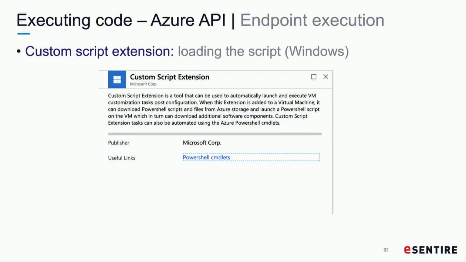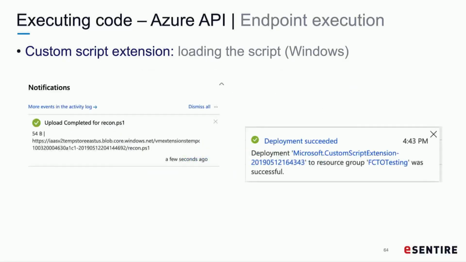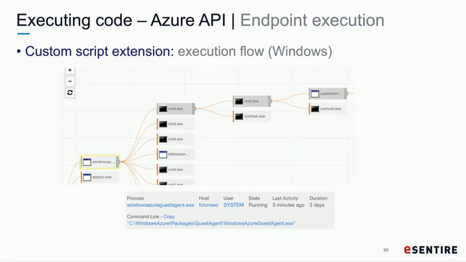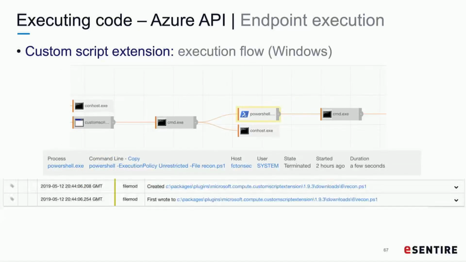Of course, this can be done through API. When you upload a script to be executed, it gets uploaded to a temporary storage container. When it executes, you get the standard error and standard out from the script execution. It has a very similar flow to the original run command execution. It hits the guest agent, which invokes the command, which invokes the custom script interpreter, which then executes the PowerShell.